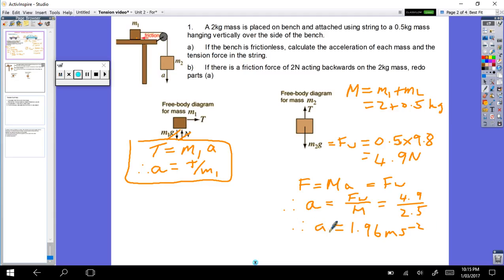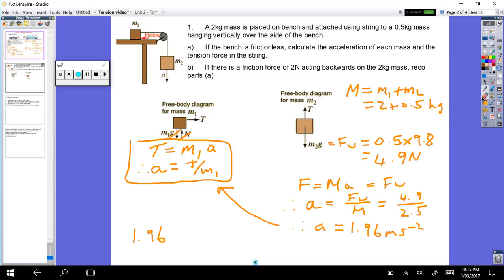Now all we need to do is go back up to this formula to work out the tension. We know our acceleration, that's what's moving the first block along.